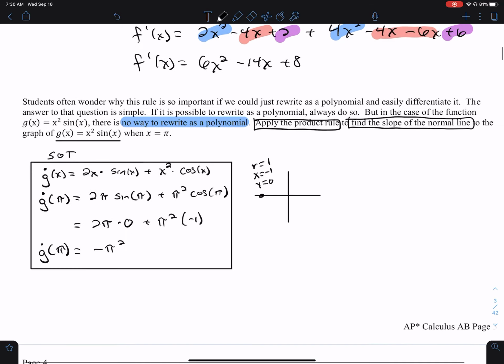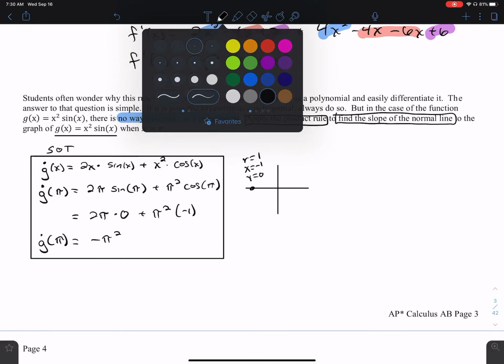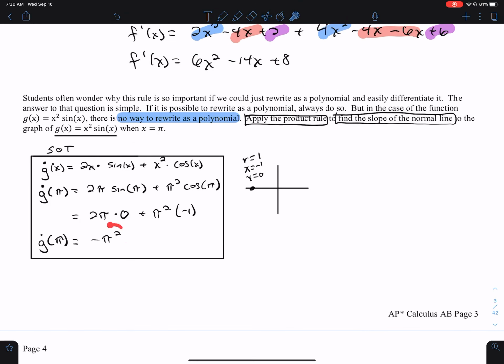Question asks for the slope of the normal line. The slope of the normal line is the negative reciprocal of this.